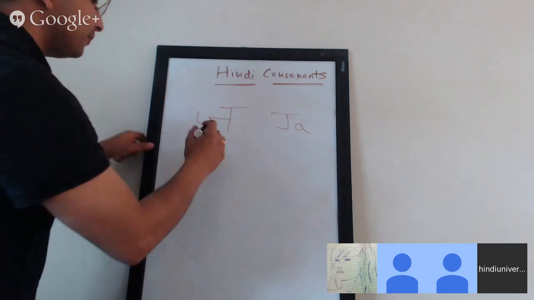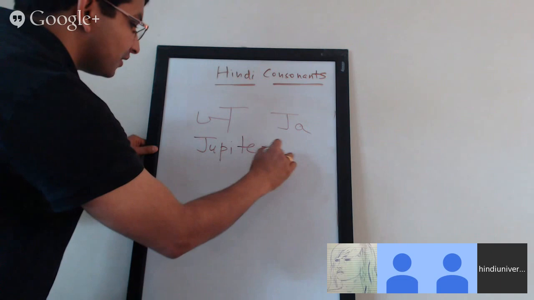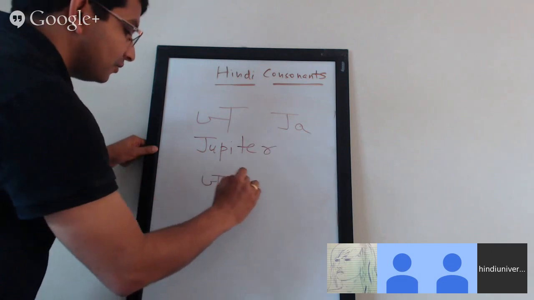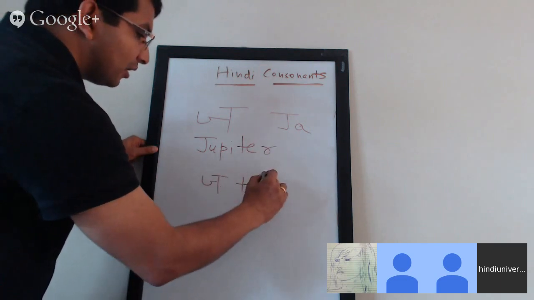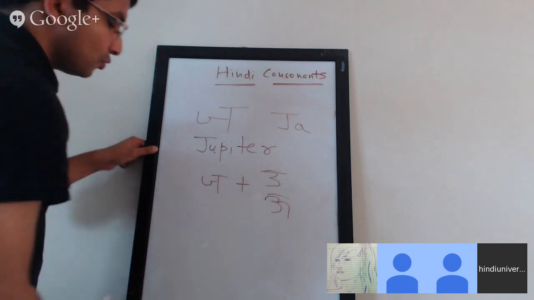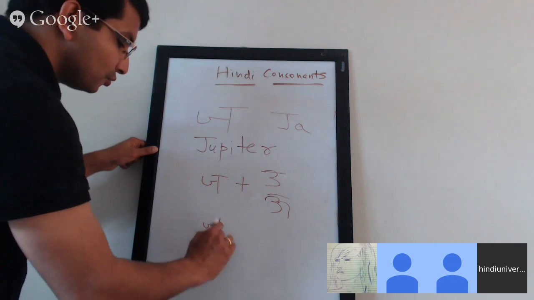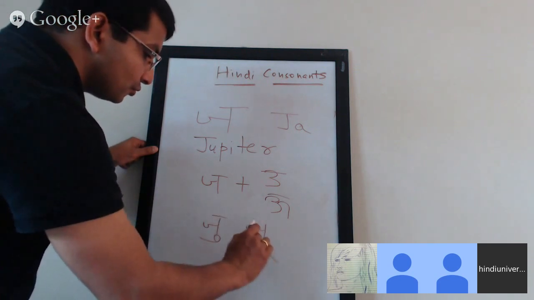So when you say Jupiter, as of now, just focus on the J sound. Now think of whether it's using a short U or a long U, so whether it's Ju or Ju, Jupiter.